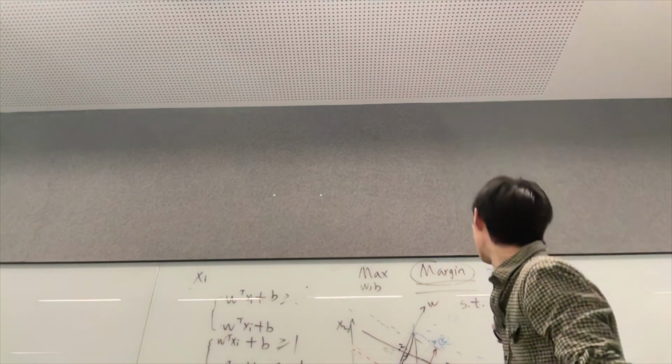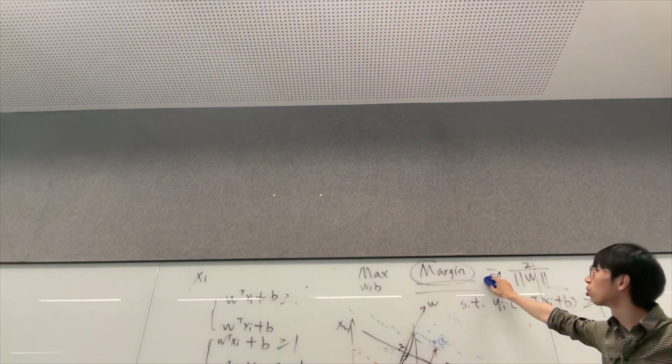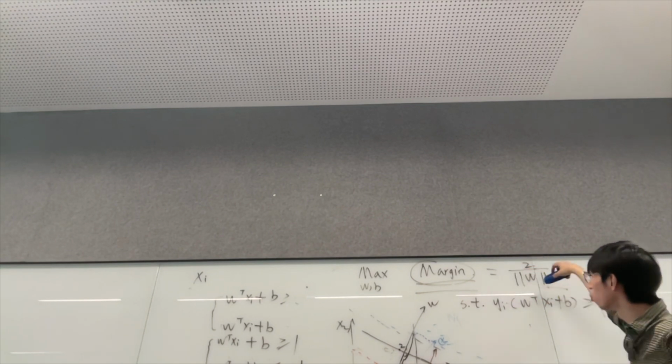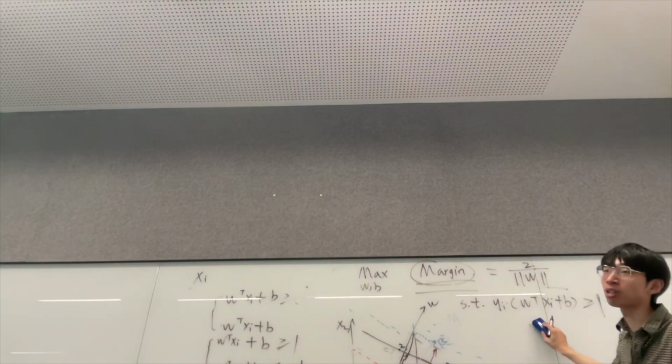How can we solve this? We can solve a quadratic function without constraint, but now we have a constraint. How can we solve this?